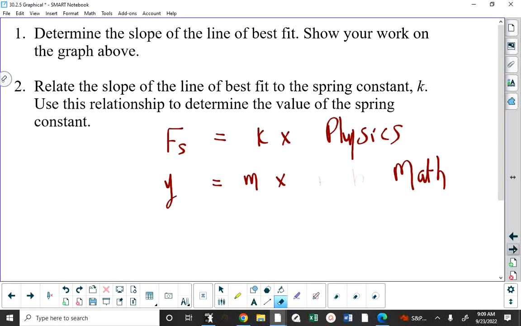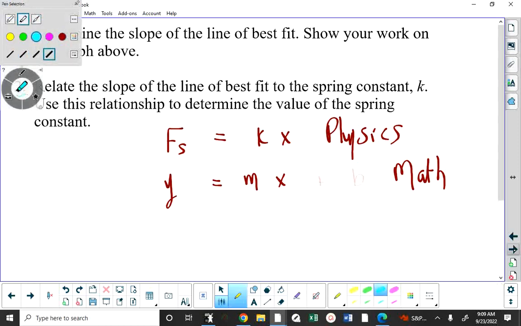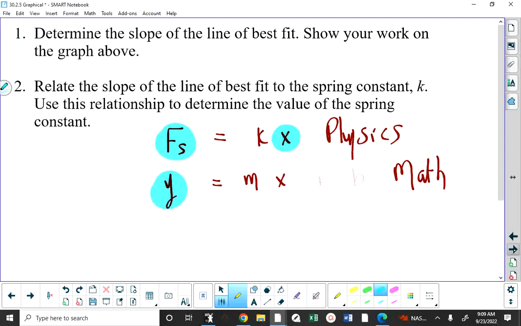So our physics equation says that we have force, but when you look at your graph, force is plotted on the y-axis, so the force is the y. In our physics equation, and this is why I chose this example to start with, we have x, which is a displacement of the spring from its original position, and that's plotted on the horizontal axis.